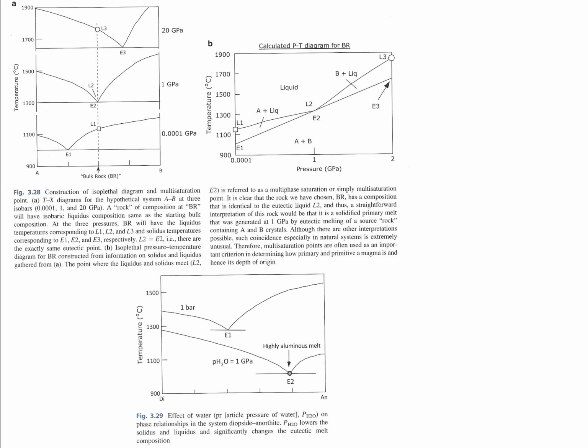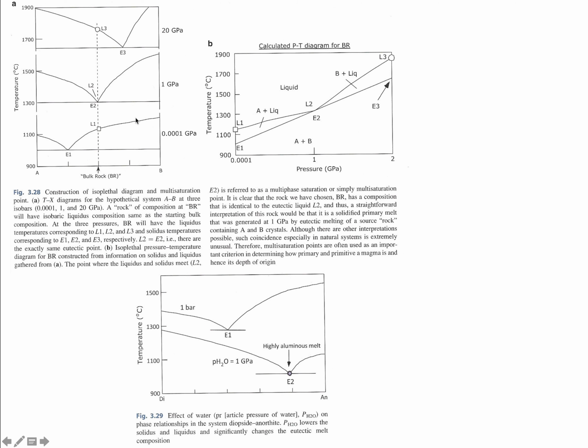So here we have figure number A. We have the bulk rock composition, BR, that is bulk rock here. Here we have a eutectic point, here we have the liquid. And here we have the dependence on the pressure.